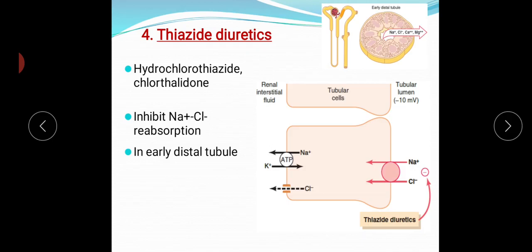Mainly these thiazide diuretics and loop diuretics work at the thick ascending limb and the early portion of the distal tubules, providing more solute to the distal tubules and the collecting duct. You know the distal tubules and collecting duct are permeable to water in the presence of ADH, but the solutes that are not reabsorbed will be transported to the distal tubules and collecting duct, where the water will not be reabsorbed because the fluid is hyperosmolar.